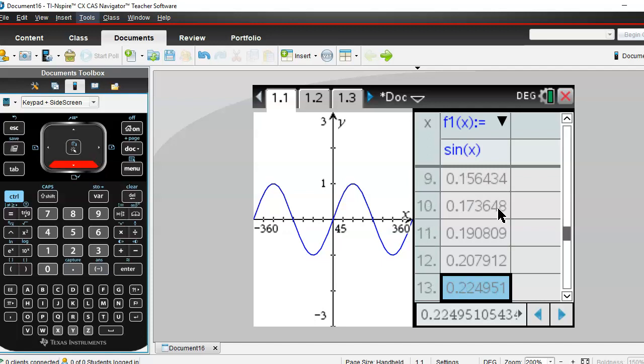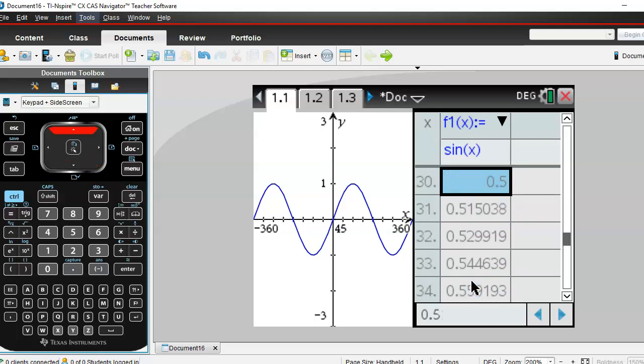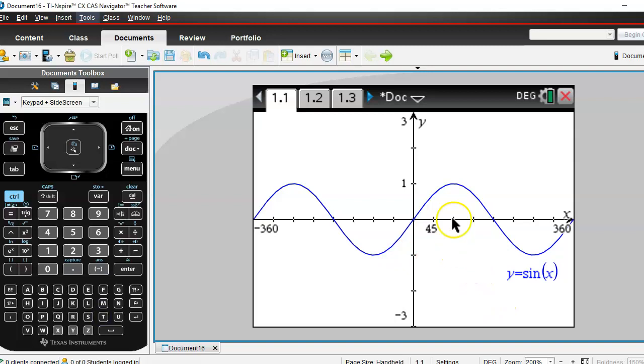If I go up, let's go to what we know there. Sine of 30 degrees is half, as we know. And you can find all of those values. So that's a nice little thing to see. So Control T, get rid of that.